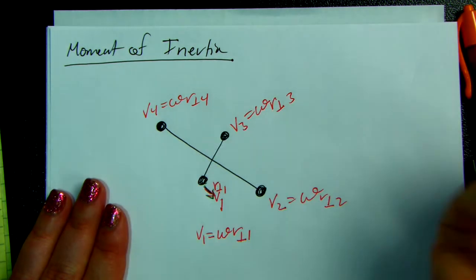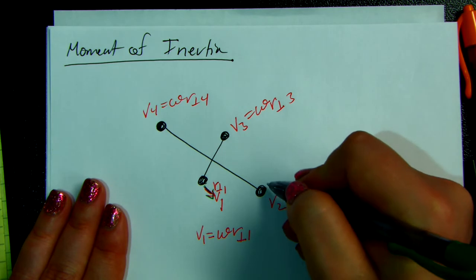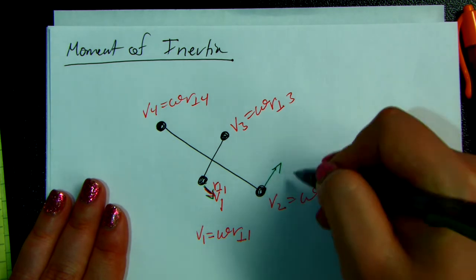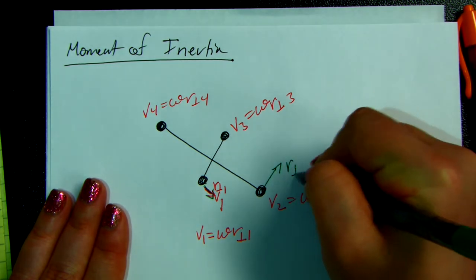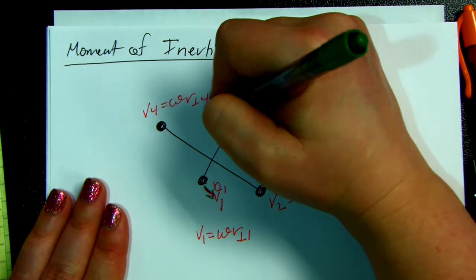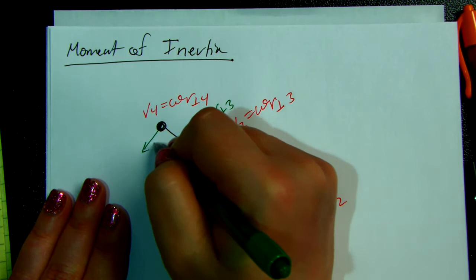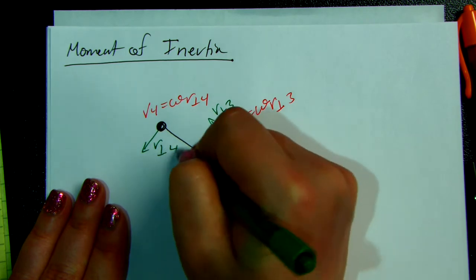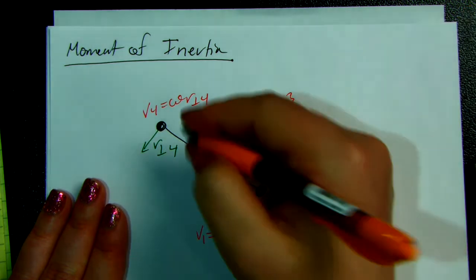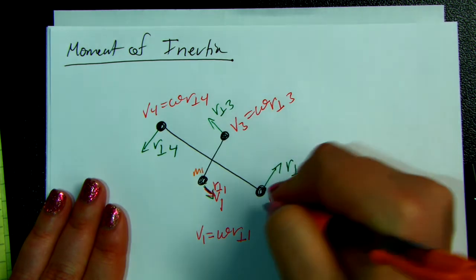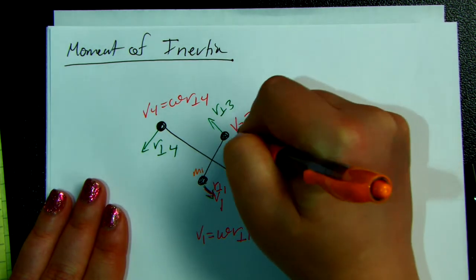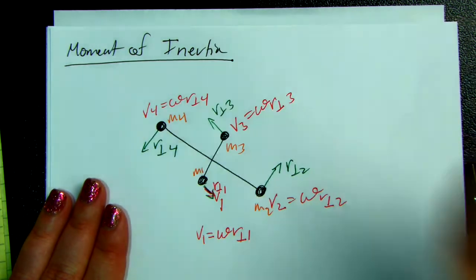Here are r perpendicular 1, r perpendicular 2, r perpendicular 3, and r perpendicular 4. And it goes without saying, M1, M2, M3, M4.